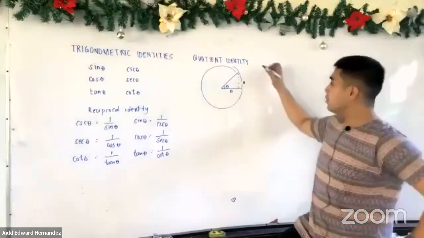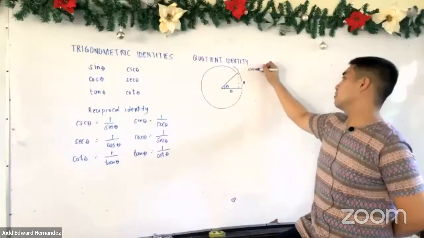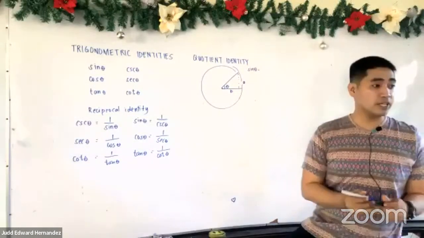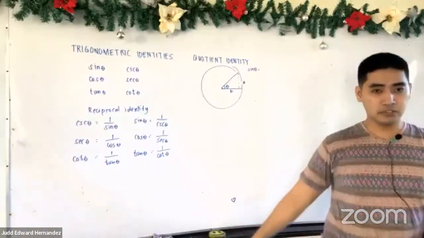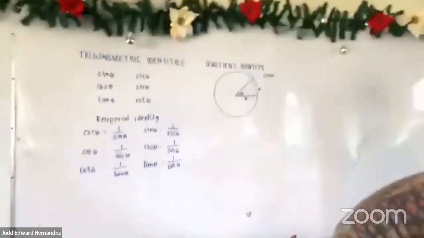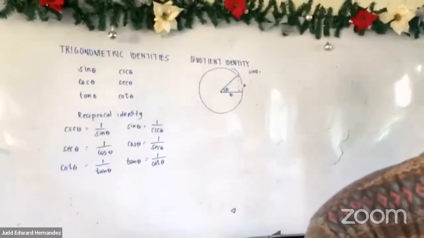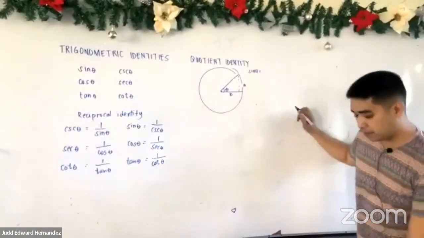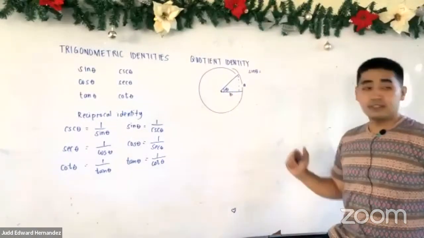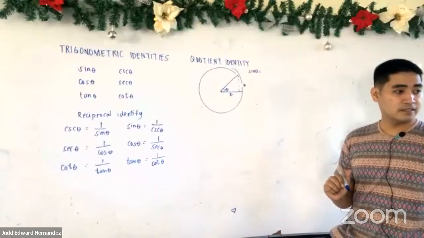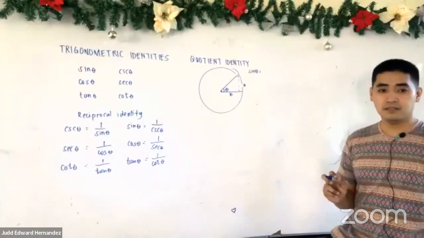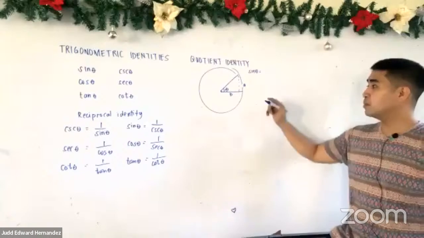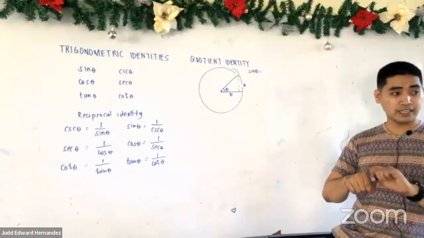Okay. So ano po bang alam natin sa sin theta? Ano yung na-discuss ko sa inyo regarding sin theta? Parang medyo malayo, ilapit natin. Ayan, para kitang-kita. What do we know about sin theta if this is theta? Equals to opposite over hypotenuse po. Opposite over hypotenuse, right?